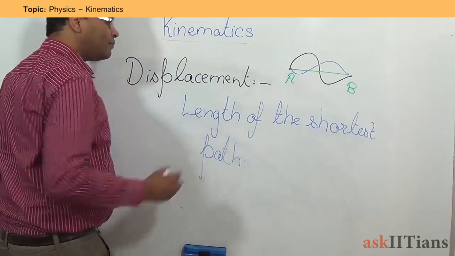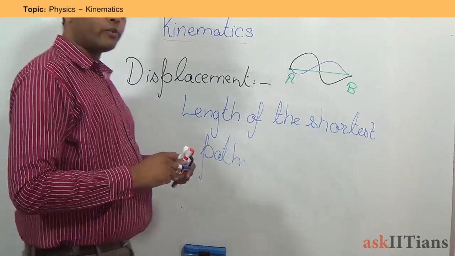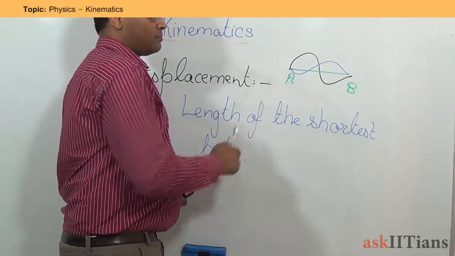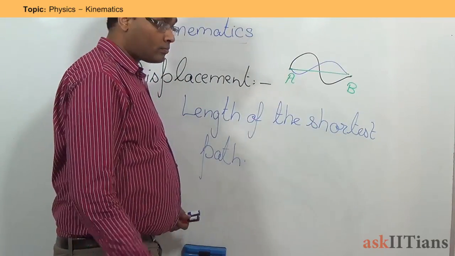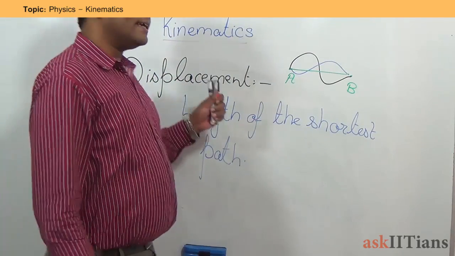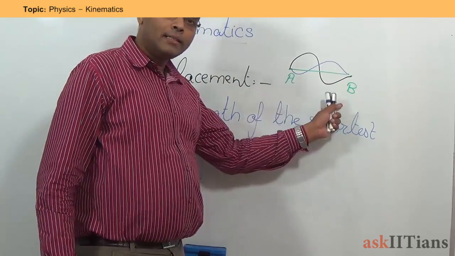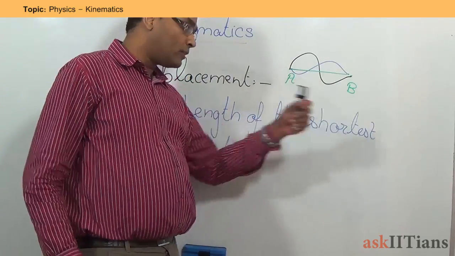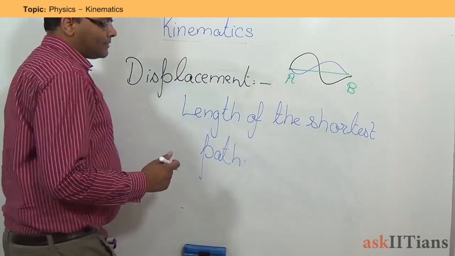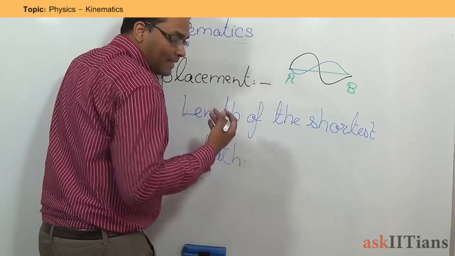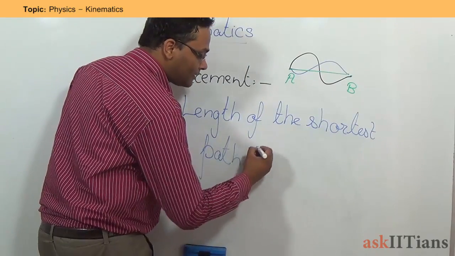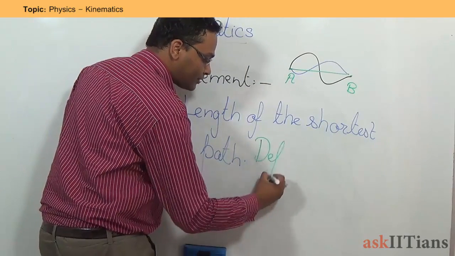Okay? So when I say that it is equal to the length of the shortest path, as you can see, there can be only one single shortest path, which is the straight line path. And therefore, there is no ambiguity in the choice of the path going from the point A to the point B. But this does depend on direction.